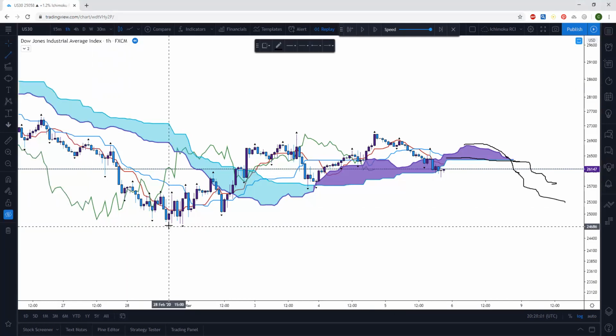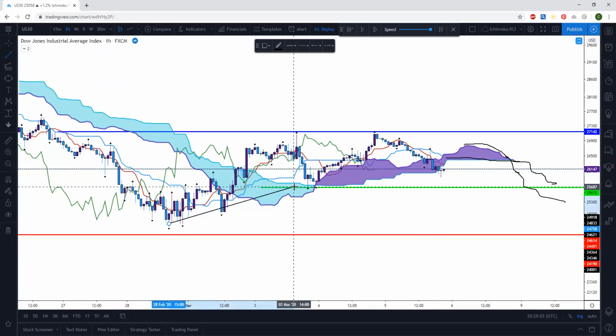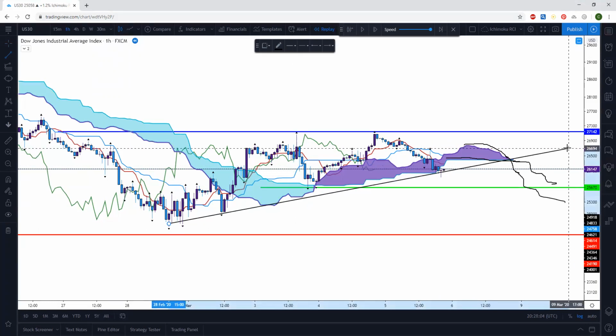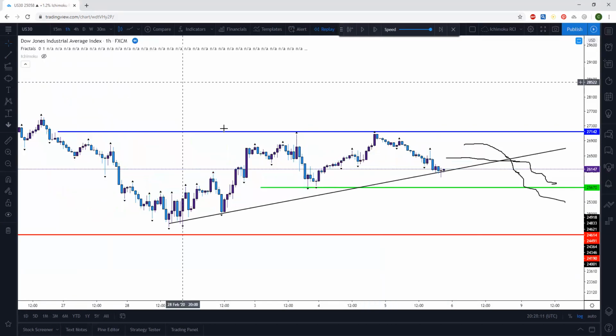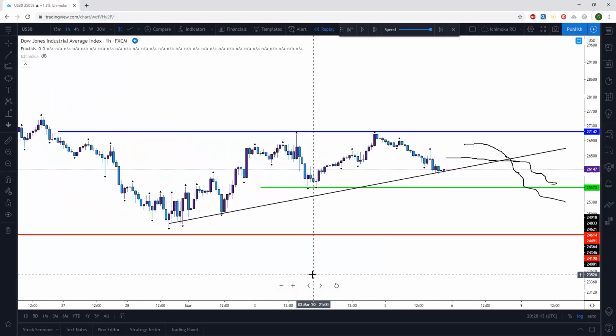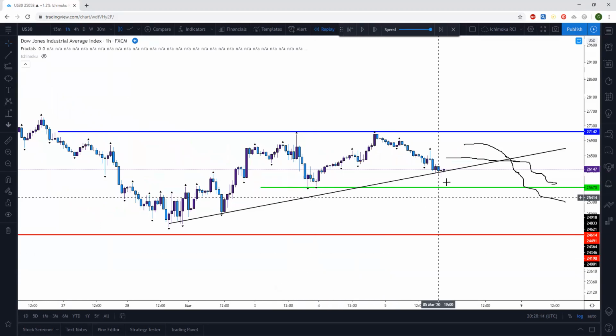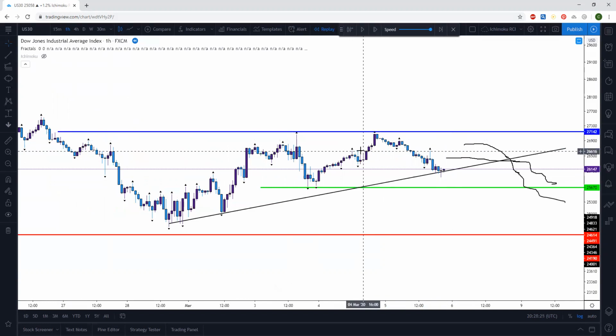But when we look at it right here, one thing we also notice is this trend line. Go ahead and take this off real quick. We got a trade. We know that if it makes price action here, let's say we had a bullish candle, we are going up to probably here or maybe halfway.